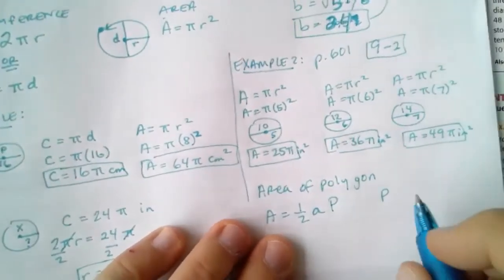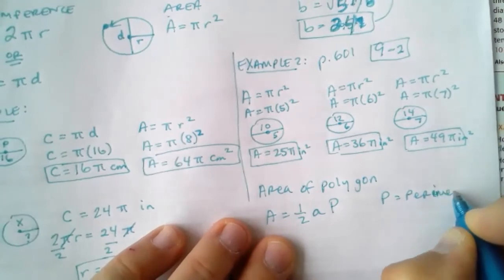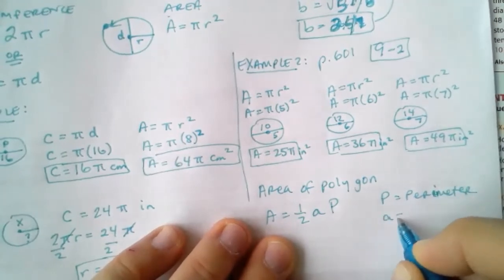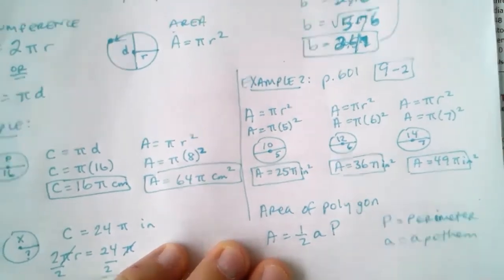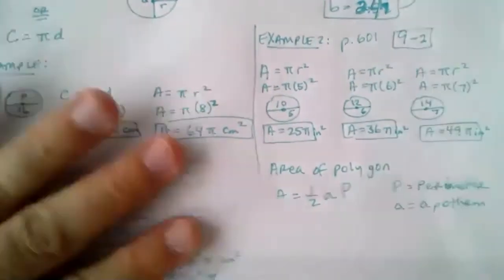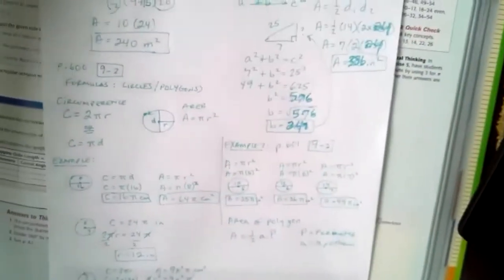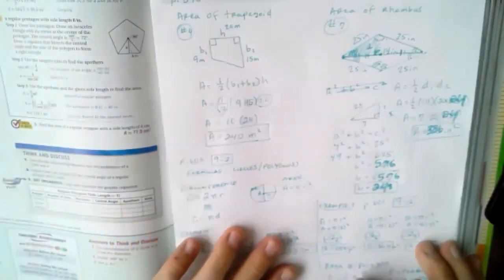And I'm just going to write P is perimeter, little a is apothem. Now we're going to spend some more time on that tomorrow. So I'm going to stop right here and call it a day. This is our notes for today, and we're going to finish tomorrow with example 3.